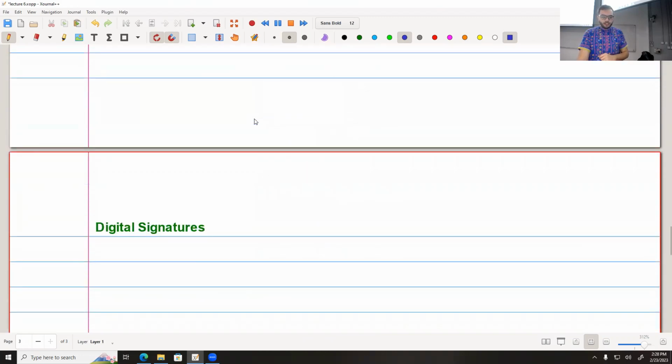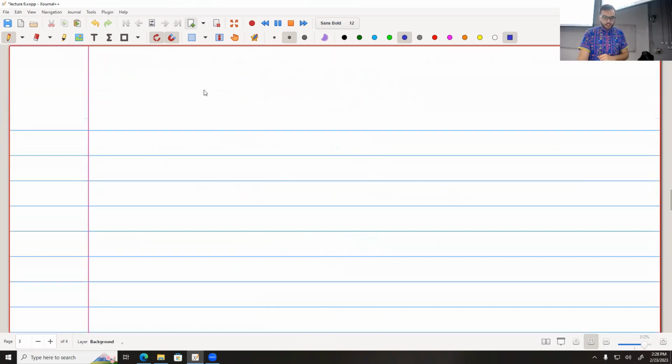Okay. So let me just add another page here. And okay, this is our second attempt. We saw that choosing a prime number doesn't work. So let's just choose the next simplest thing.